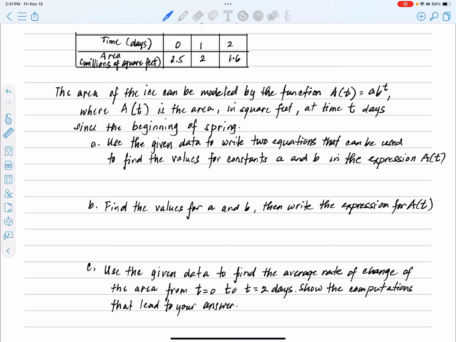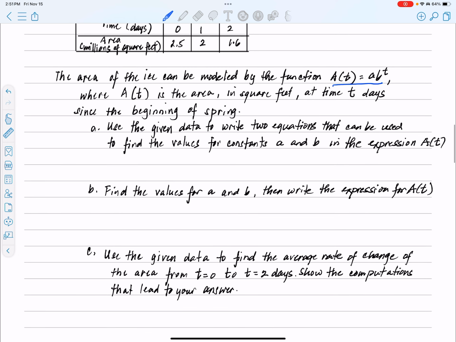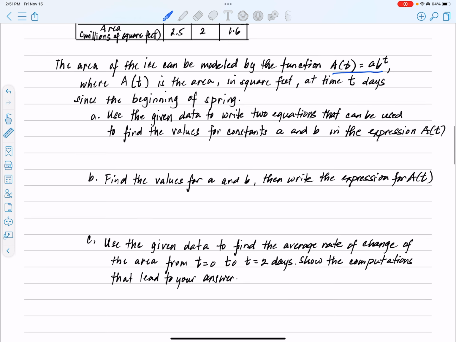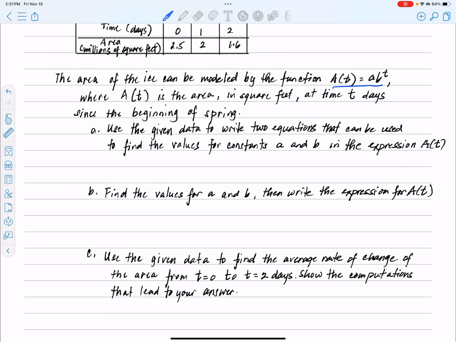We should remember that, where A(t) is the area in square feet at time t days since the beginning of the spring. Use the given data to write two equations that can be used to find the values of constants a and b in the expression a·b^t.